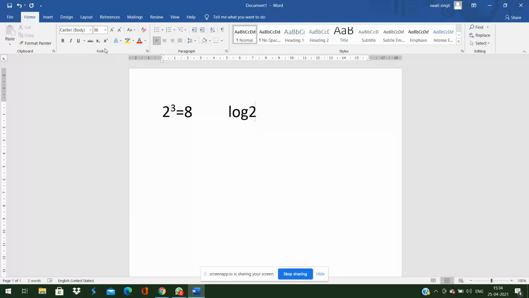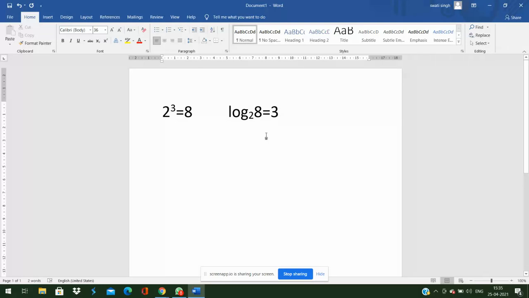So the base is 2, written as a subscript, and 8 is its answer, and the exponent is 3 itself. That means log base 2 of 8 is equal to 3. So this is for base 2.